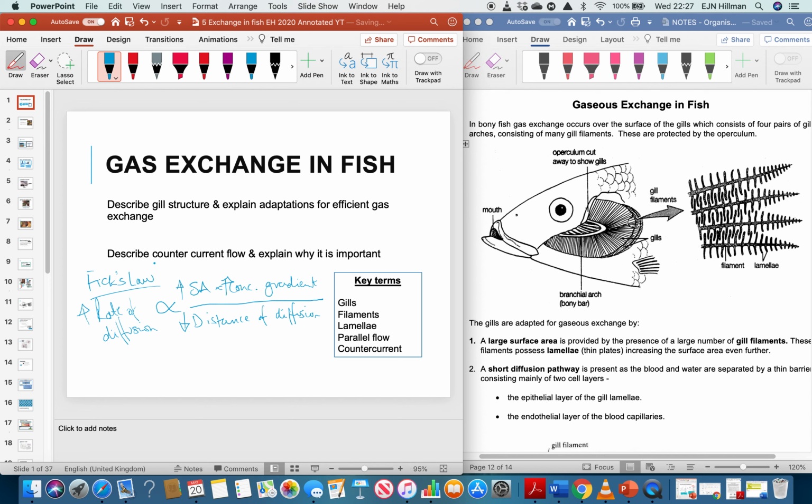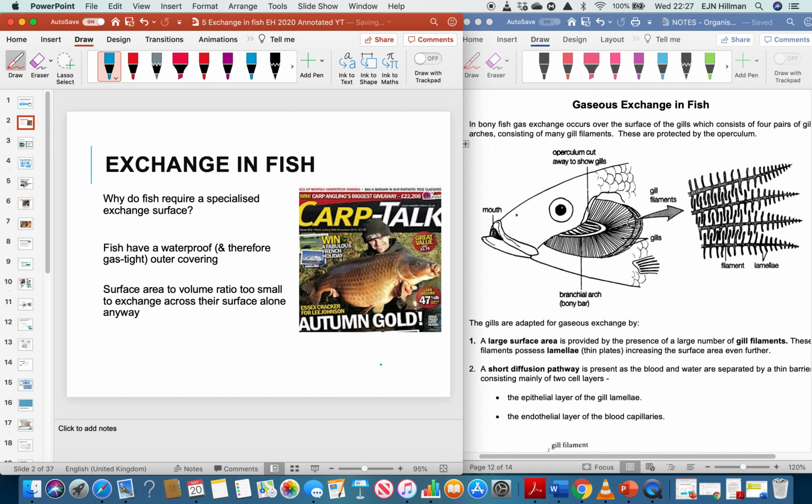Then we will compare the countercurrent and parallel flow and explain why countercurrent in bony fish is a more efficient method for exchanging gas, for exchanging oxygen and carbon dioxide. Okay, so let's get moving on.